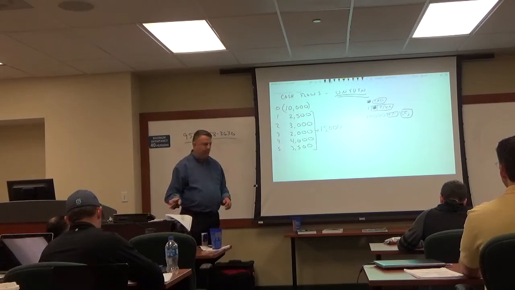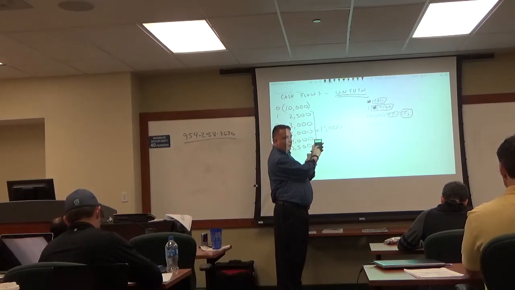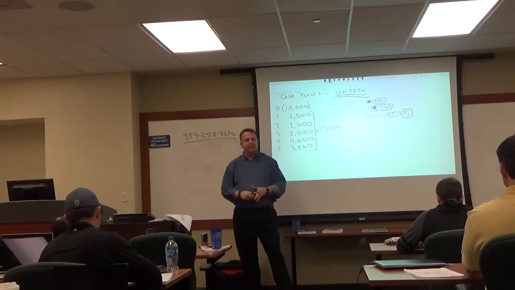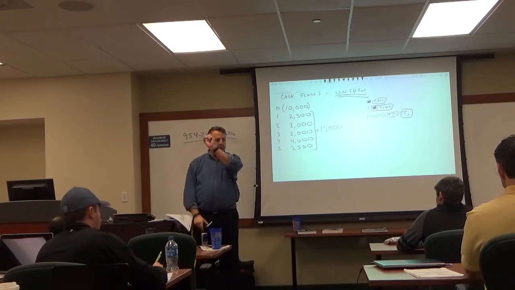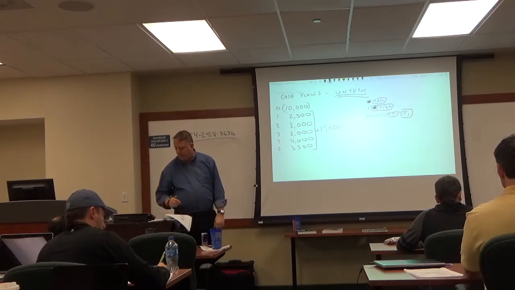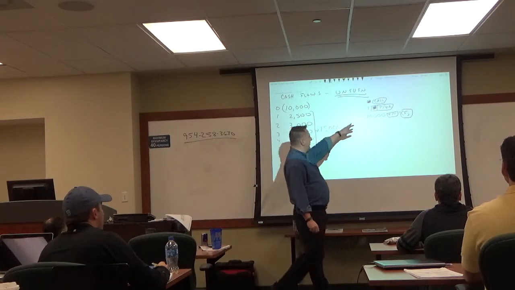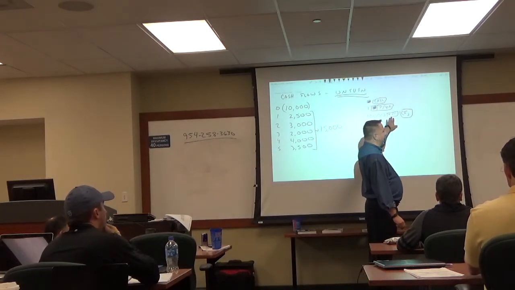CF sub J. All right, you look over on the calculator, third row, third column, CF sub J. That is simply saying cash flow, and then the sub J represents the period that the cash flow occurs in, okay?